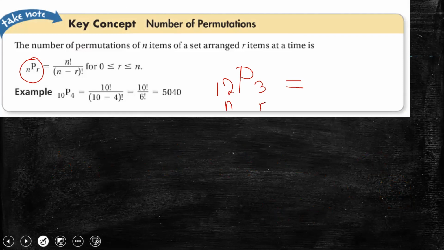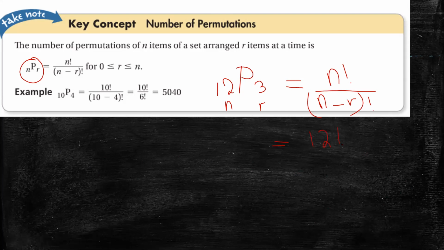It is n factorial over n minus r factorial. Like if you have this, you will say it is 12 factorial over 12 minus 3, which is 9. So you have 12 factorial over 9 factorial.